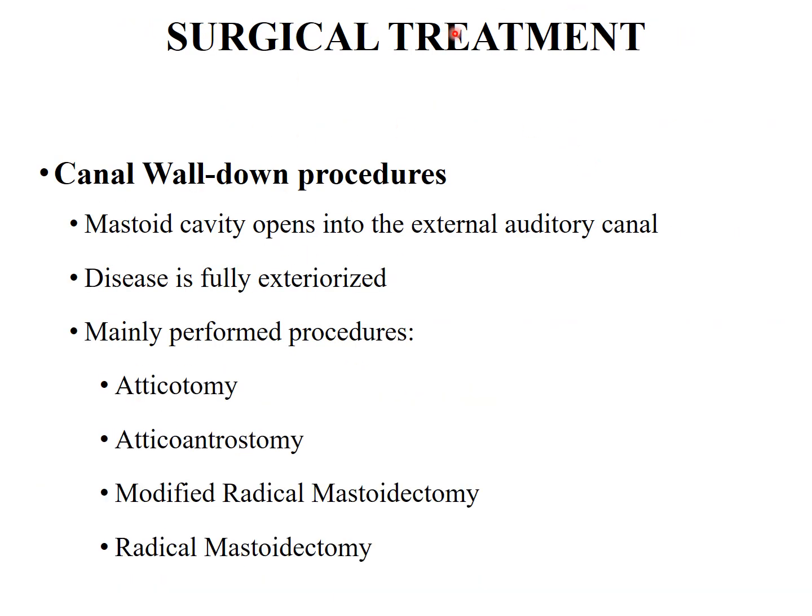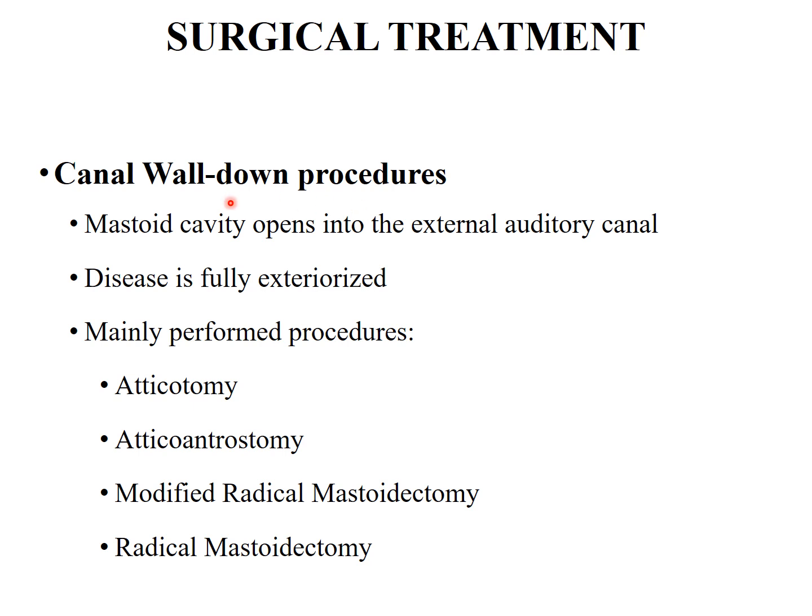Surgical treatment. There are two main surgical procedures, which are the canal wall up and canal wall down procedures. The minimum surgery for atticoantral disease is the canal wall down procedure. Canal wall up has very limited indications, but not for atticoantral disease.